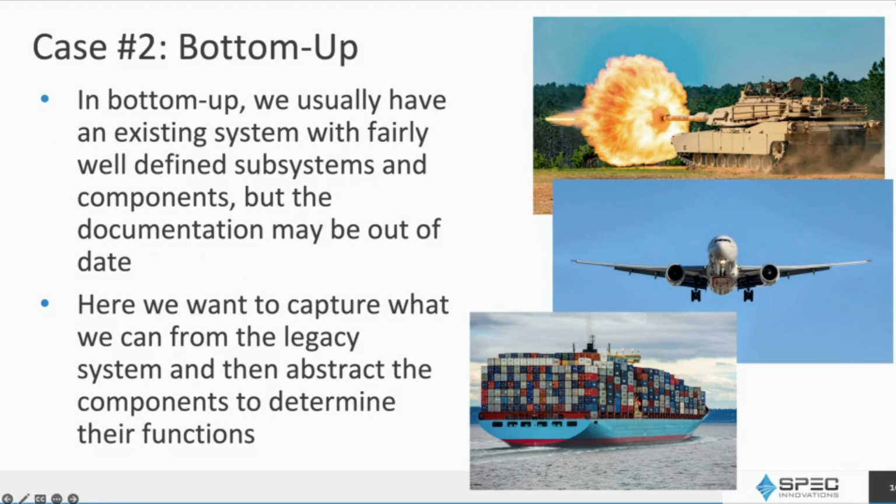You're going to capture what you can from the legacy system, and then abstract the components to determine their functions. So you're trying to understand functionally what it is that system is doing. Ultimately, you may decide to push those all the way back up to become new requirements, and then come back down and remodel, redevelop new processes, and then reallocate your functionality to an actual system. So again, that's the bottom up side of things.